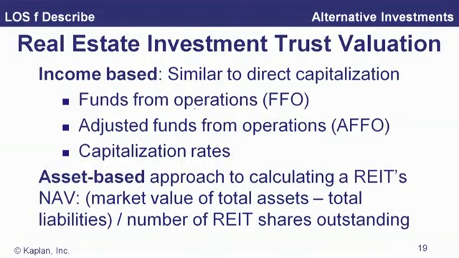And we can have our income-based items, which is very similar to direct capitalization: take net operating income and divide by the cap rate. We can use funds from operations, FFO, a very popular measure with real estate investment trusts, and adjusted funds from operations, which adjusts for the monies required to keep things going and the upkeep and things like that.